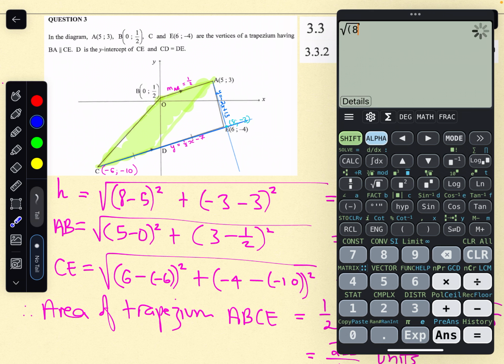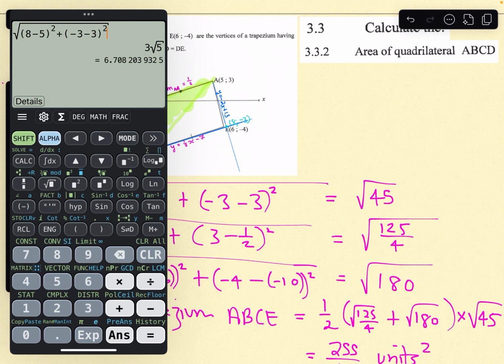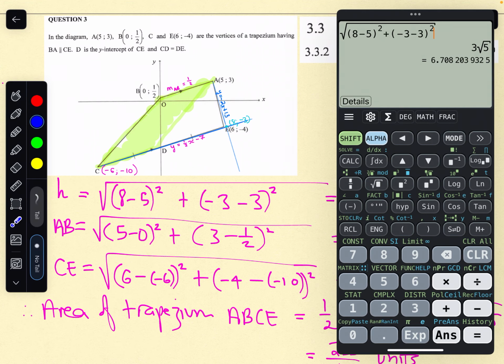So 8 minus 5 squared plus minus 3 squared. So that was 3 root 5. And that is the same as root 45, because remember 45 is the same as 9 times 5. So that's where the 3 is coming from. The square root of 9 is 3. Okay, so that looks good.